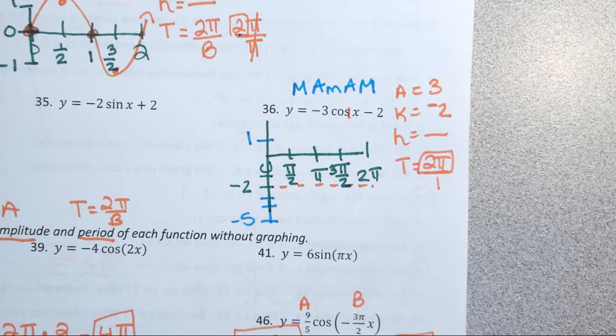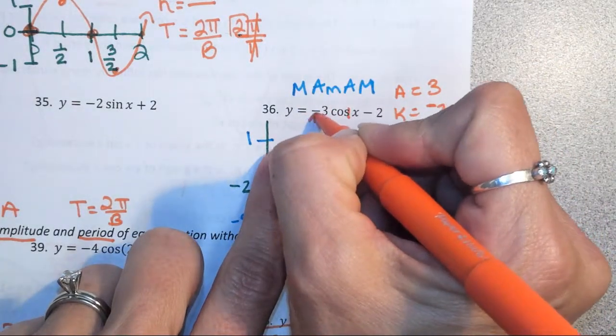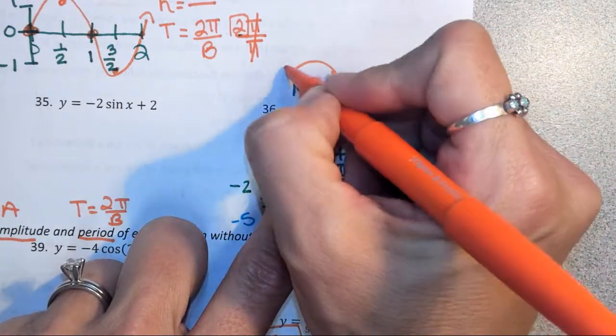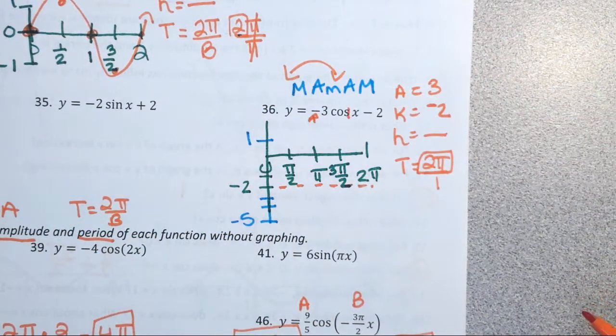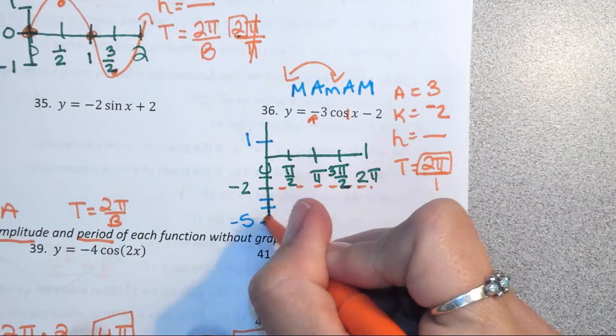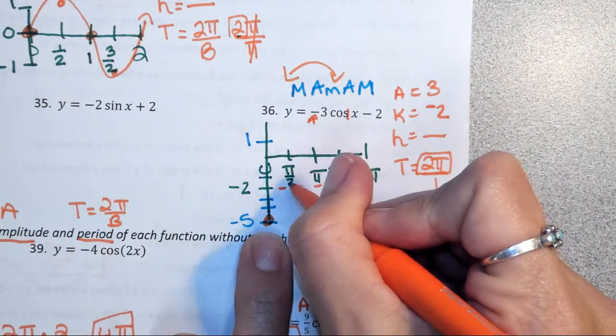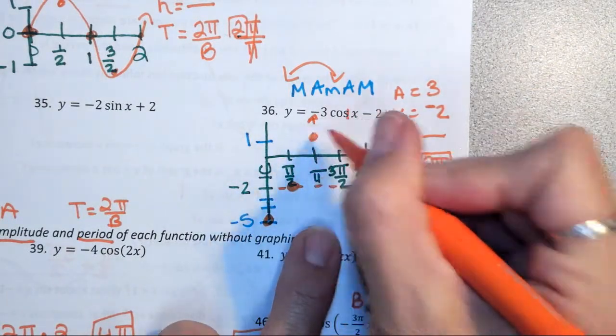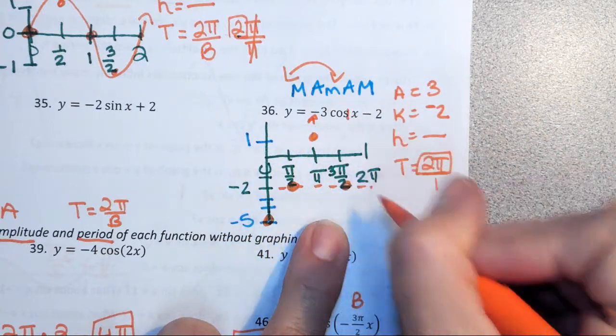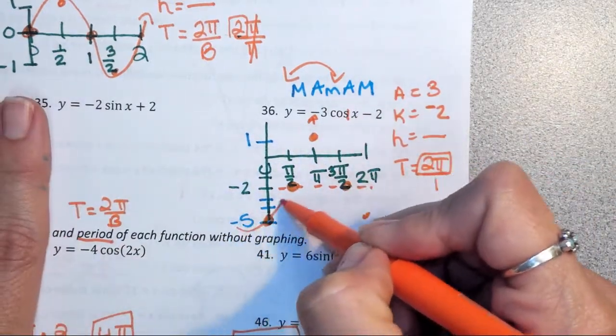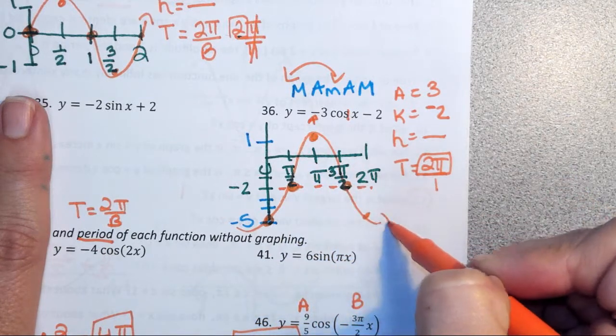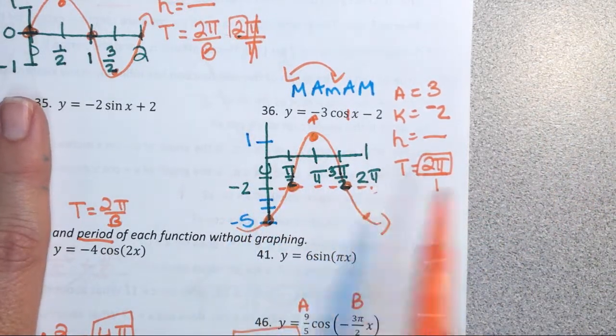So instead of starting at the max like normal, we're going to start at -5. We're going to start at the minimum because my graph is flipping. So when you see this negative right here, this is when you flip your maximum and your minimums. We're going to start at -5, hit the axis, to the maximum, to the axis, back to the minimum. It is an upside down cosine curve between 0 and 2 pi.